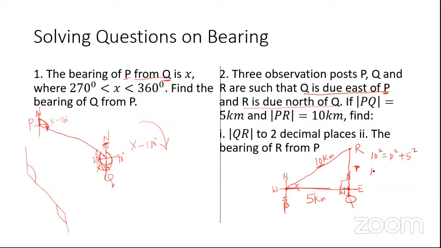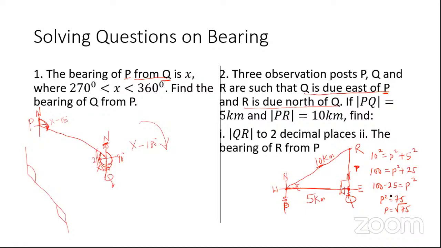So 10 squared gives us 100, which equals P squared plus 5 squared, which is 25. Take 25 to the other side: 100 minus 25 equals P squared. So P squared equals 75, and P equals the square root of 75.